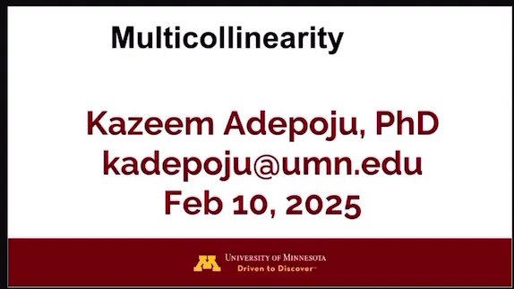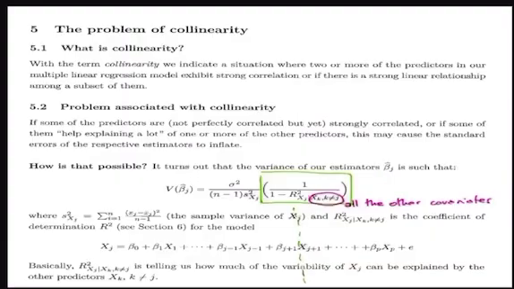Multicollinearity is a problem in modeling where explanatory variables correlate with one another. Let me tell you why this happens, at times, from the way we specify our model.